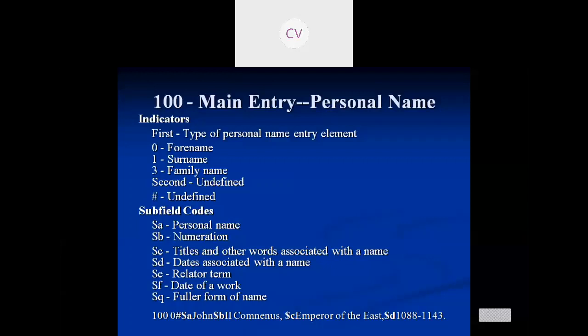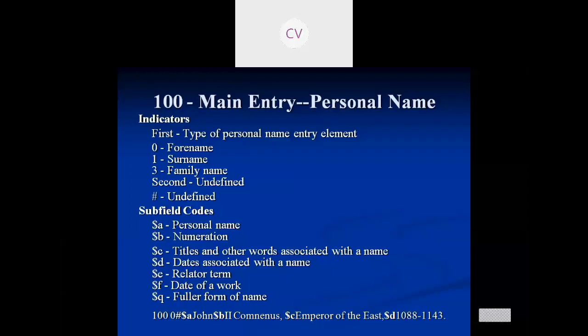Encoding means the cataloging data will be encoded according to a standard format for data processing and retrieval purposes. So John II is according to the Anglo-American cataloging rules, but we are encoding it according to the MARC 21 format.